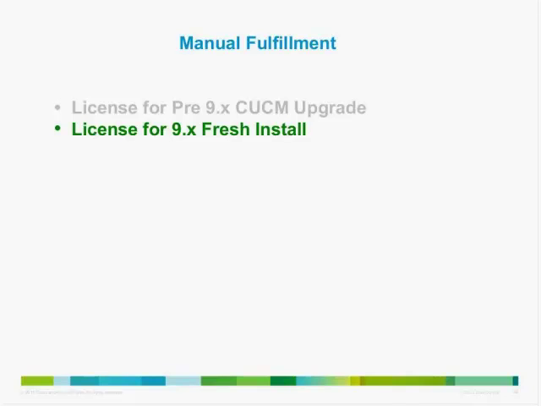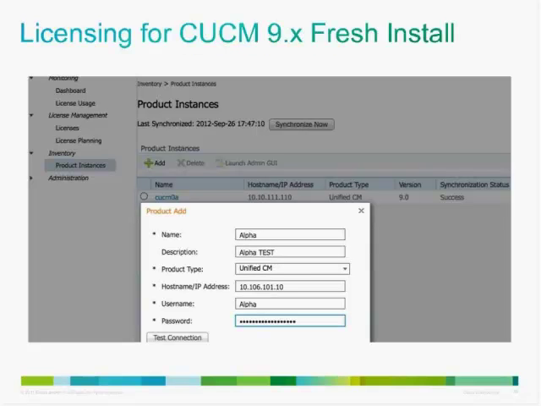Now let's go on to the 9.x fresh install. It's very straightforward, a 2 or 3 step process. Even if I install, say, one publisher only, that is my Communications Manager as well as my ELM, Enterprise License Manager, as they can co-reside.